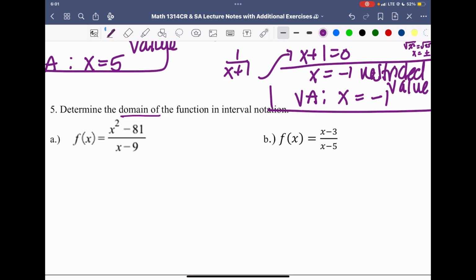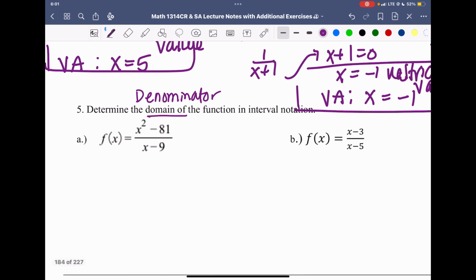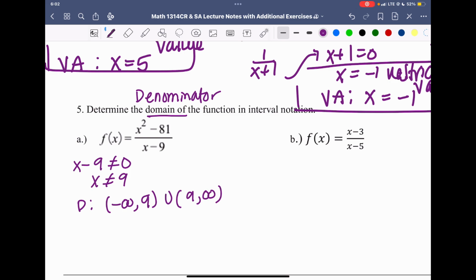Domain, again, automatically means denominator. And for your domain, you're going to use union. Remember, it's going to account for the gap. So x minus 9 cannot equal 0, so x cannot equal 9. That means our domain is negative infinity comma 9, union 9 comma infinity.